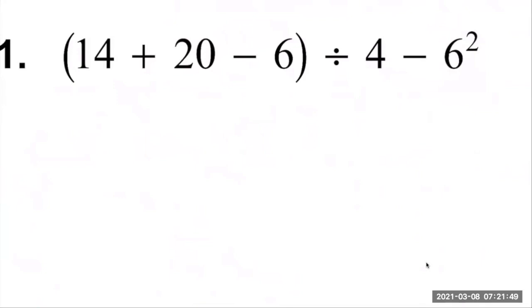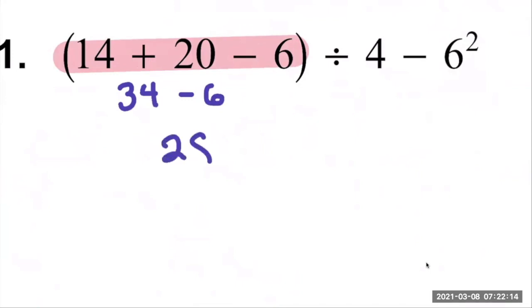Remember, PEMDAS or GEMDAS, we start with something in parentheses or some sort of grouping symbol first. Right away, I see this whole thing in parentheses. So I'm going to do 14 plus 20. That gives me 34. And then 34 minus 6 gives me 28.